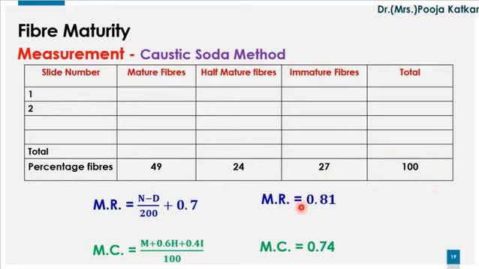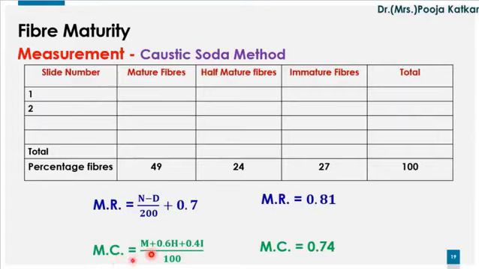Using these figures, you can express the result in terms of maturity ratio and maturity coefficient. Maturity ratio is given by normal fibers minus dead fibers divided by 200, plus 0.7. So 49 is the normal fiber, 27 is immature or dead fibers, divided by 200, plus 0.7, you will get 0.81.